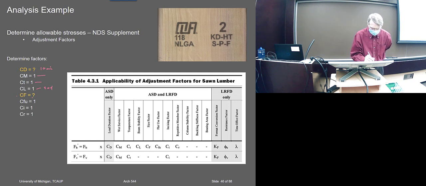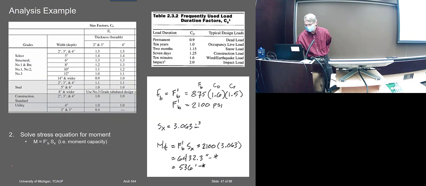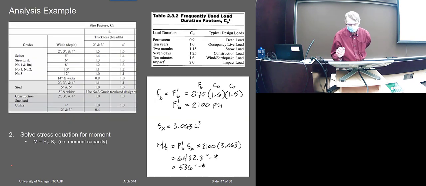CF we do have to look up. There will be a CF. It's not being used flat, it's not incised, and it's not repetitive. So there are not many factors that would actually apply in this example. Here's my 10 minutes, so there's the CD factor, and then CF.